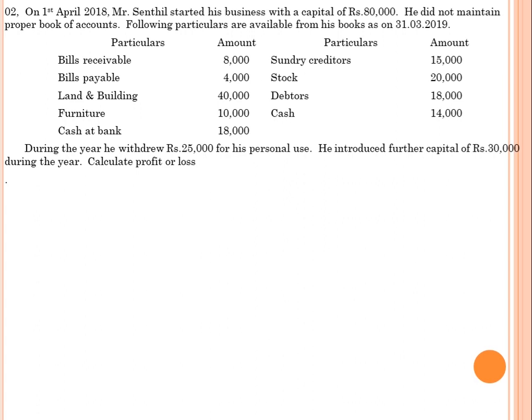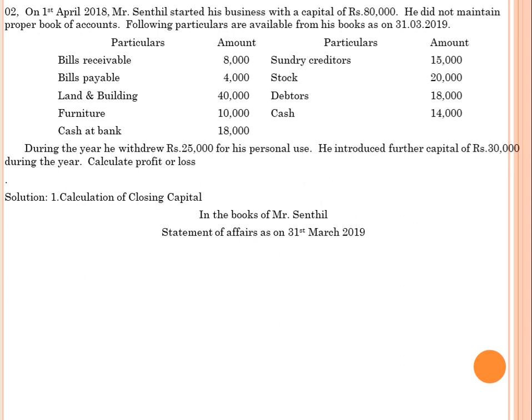In this problem, the opening capital is given, the drawings are given, the further capital is given, and what is missing? Closing capital is missing. You have to find the closing capital with the help of the statement of affairs, followed by the calculation of profit or loss. Put the heading like this: number 1, calculation of closing capital in the books of Mr. Sendil, statement of affairs as on 31st March 2019.